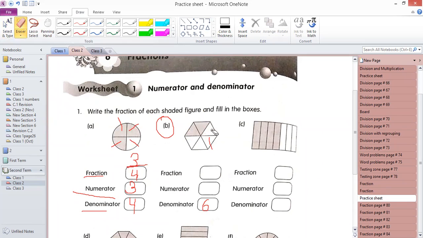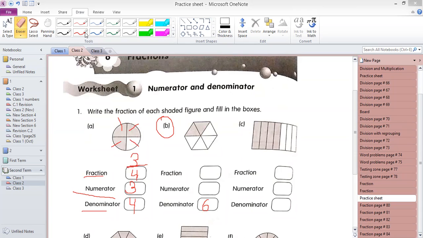Now, what is the numerator here? This is what I'm going to ask you guys. Very good, MashaAllah. I'm going to open your mic. What is the numerator here, guys? 2. Very good.